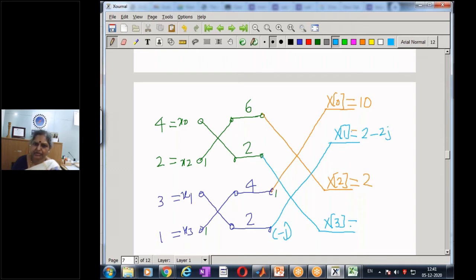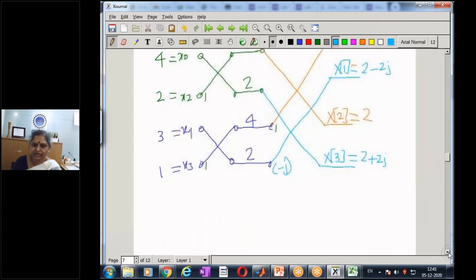And how about here? Rather 2 minus 2 into minus j. So 2 minus 2 into minus j, so that becomes 2 plus 2j. How do we get that?